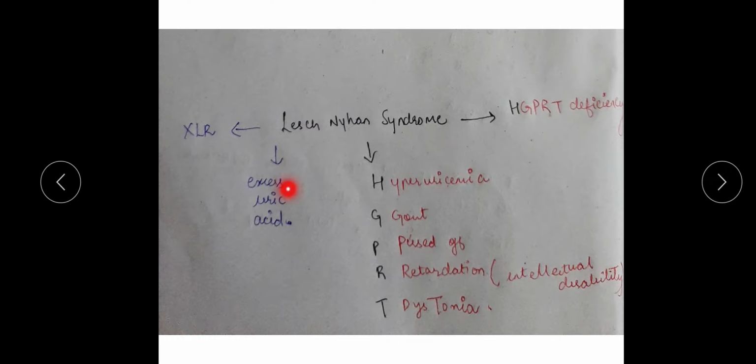It is X-linked recessive, with excessive uric acid. Symptoms are hyperuricemia, G for gout, P for pissed off, so aggression will be more, self-mutilation, intellectual disability, mental retardation, and dystonia. Hyperuricemia presents with orange sand or sodium urate crystals in the diaper.